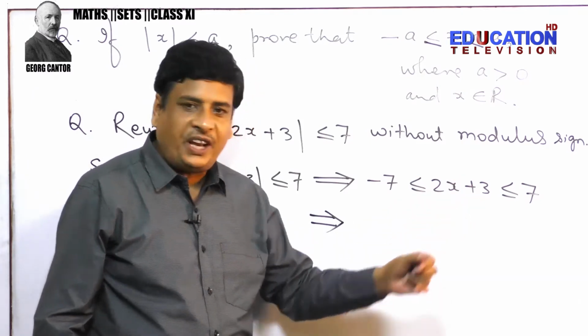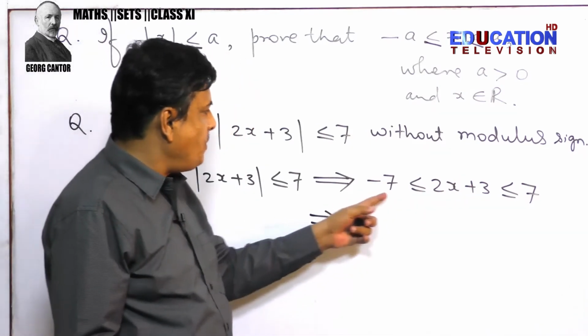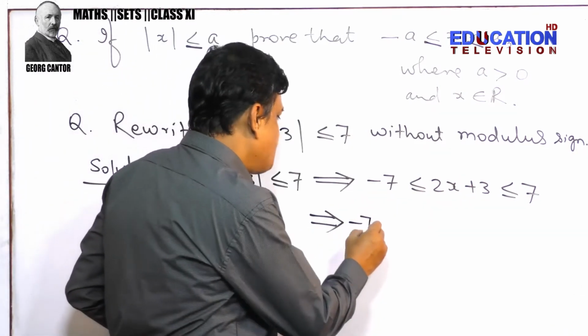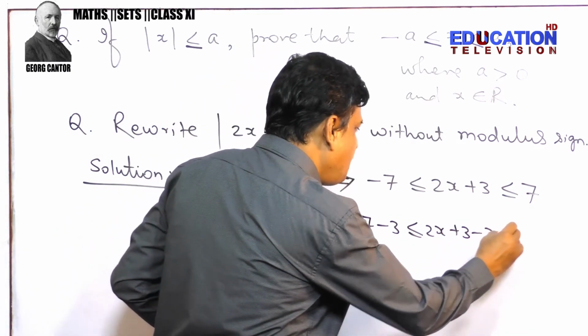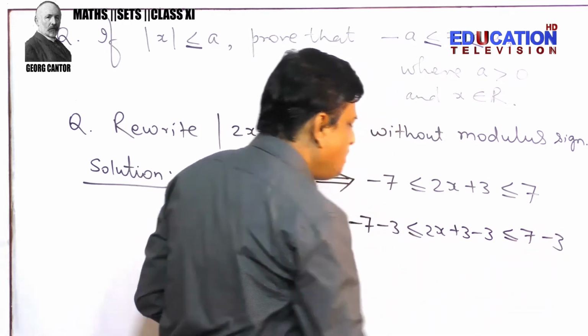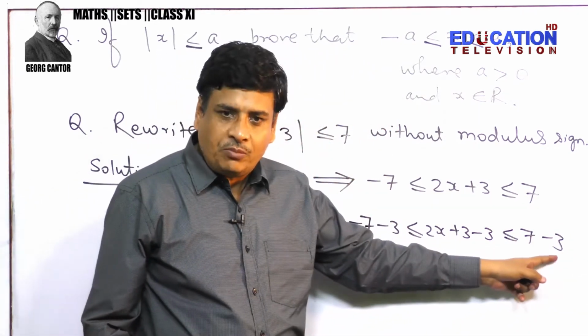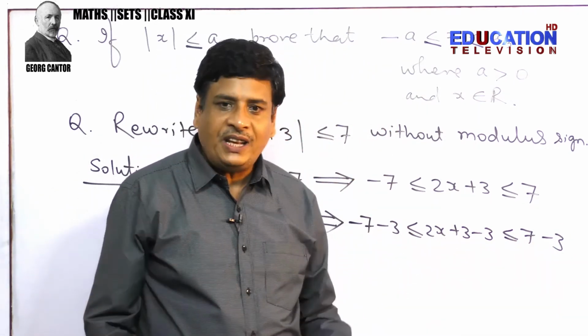So first remove 3, subtract 3 from each term: minus 7 minus 3, 2x plus 3 minus 3, 7 minus 3. Since 3 is subtracted from each term, the inequality will remain as it is.